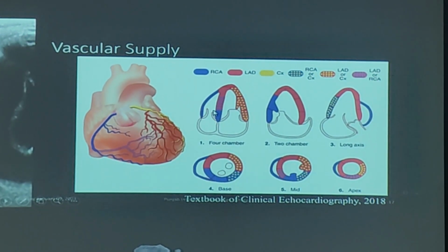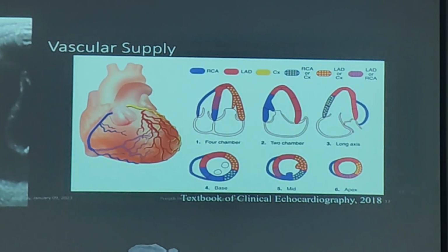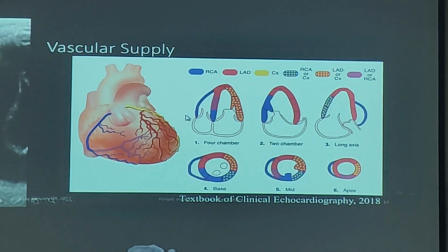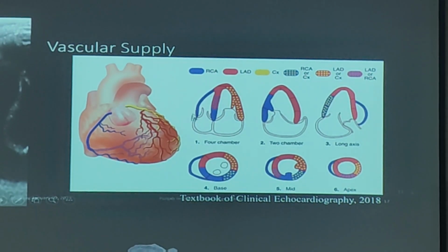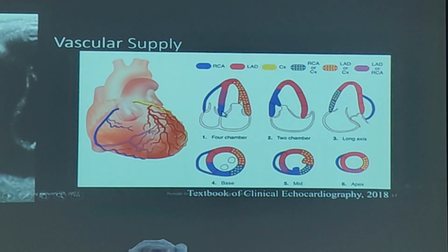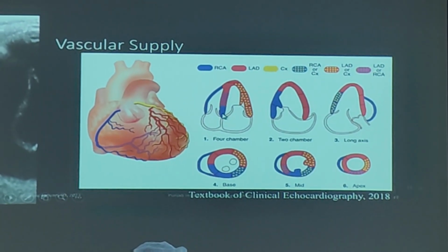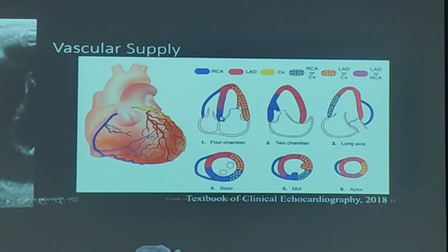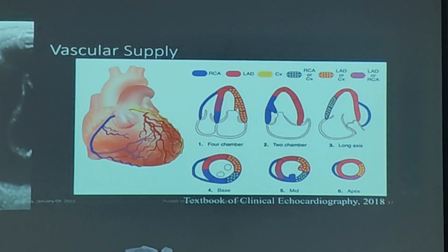We are now familiar with the apical 4-chamber view. If you see, this portion of the RV is solely supplied by the RCA, this is the color coding over here. This septum portion, the basal septum, is also supplied by the RCA.